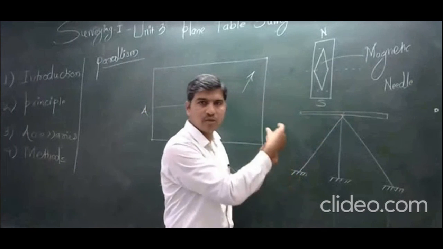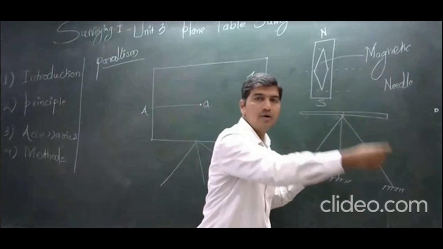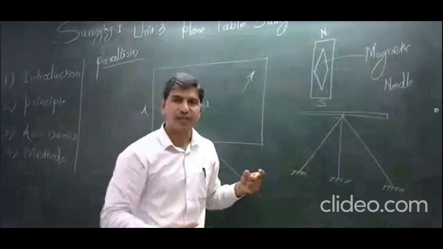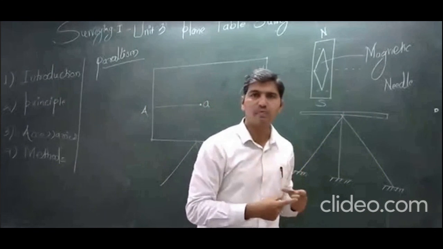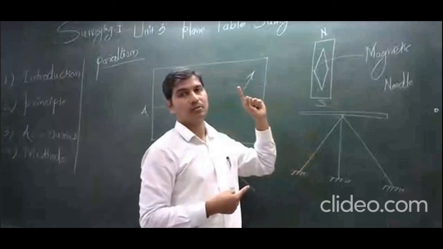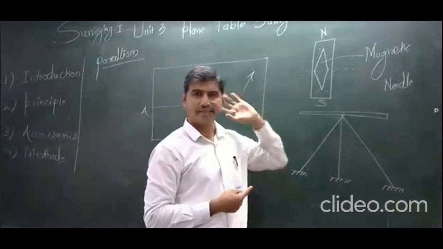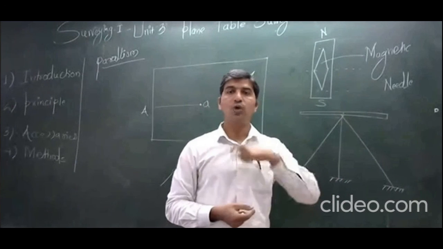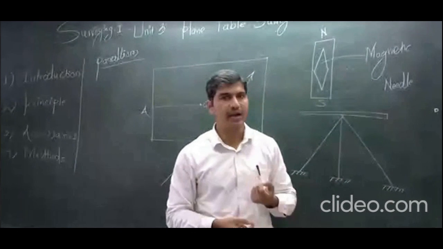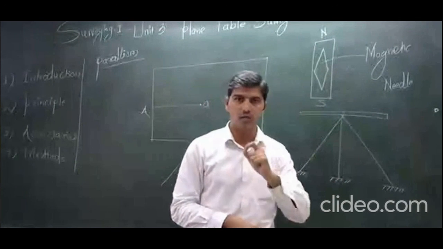When I shift the instrument from one point to another, a second, third, fourth number of times, I should keep the instrument parallel to its previous position. That is parallelism. And to achieve parallelism, we require orientation.